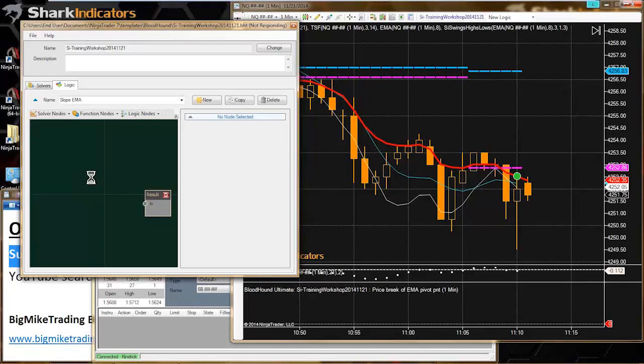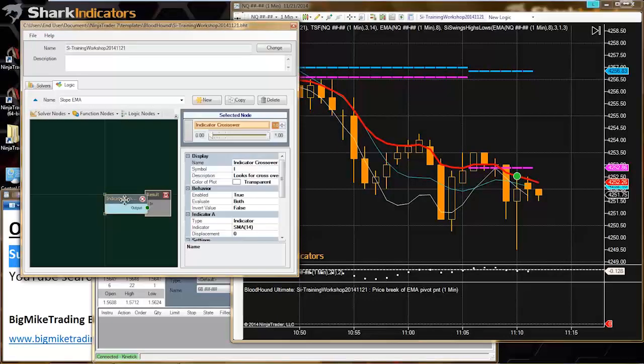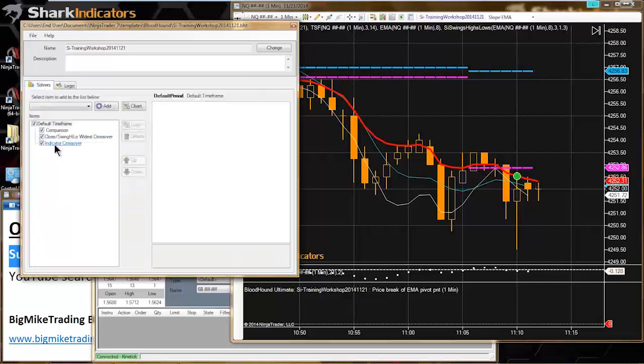Shoot, there's another weird thing with this VMware. For some reason the crossover solver sometimes puts NinjaTrader into this pause while it thinks about it, and it doesn't do it anywhere else. Okay, anyways, I didn't want that crossover solver. Let me get rid of that.